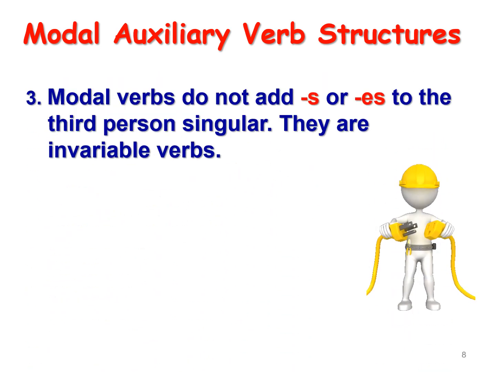Okay, the third one, the structure of modal auxiliary verbs. We do not add s or es to the third person singular. They are invariable verbs, right? So whenever we use them with a verb, there is no need to add s or es to the third person singular.